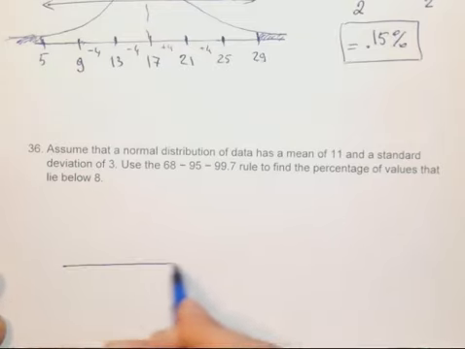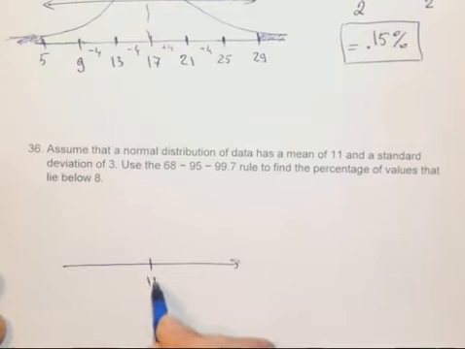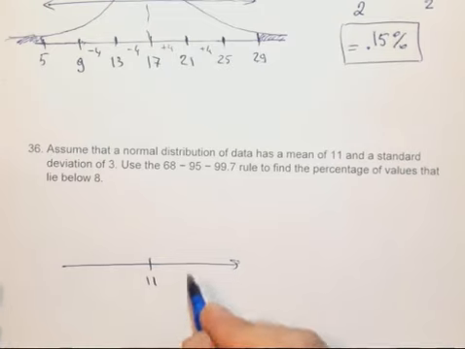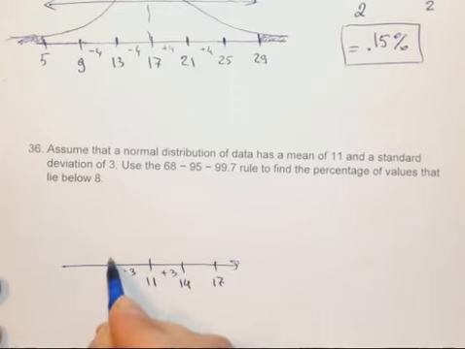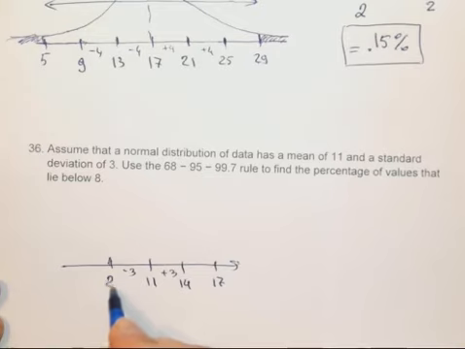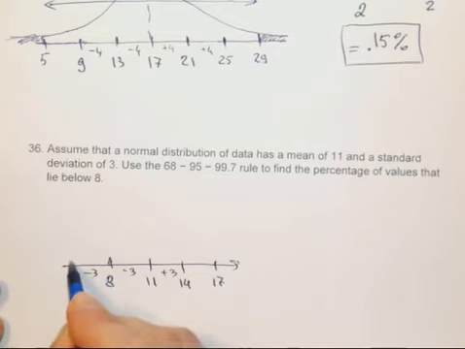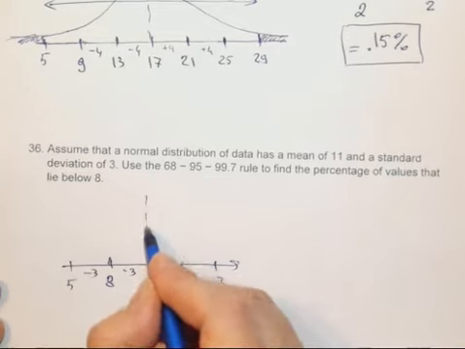One more example, the same rule. The mean is 11, standard deviation 3. So plus 3 will be 14, plus 3, 17, minus 3, one standard deviation will be 8, minus 3, 5, so the mean is here.